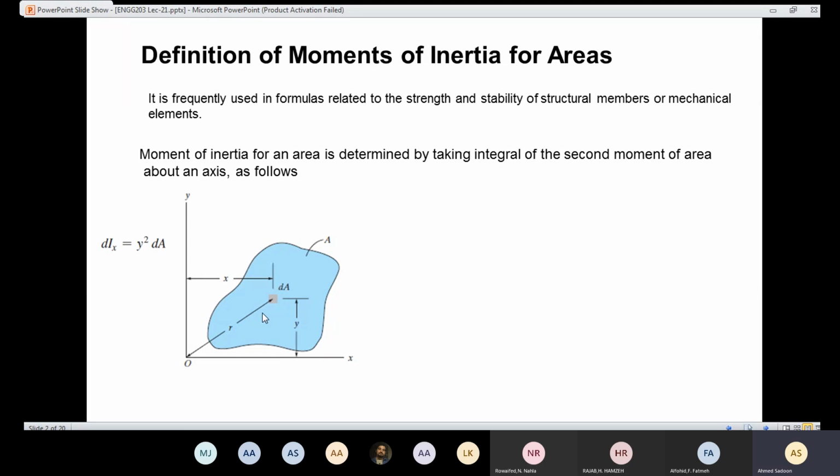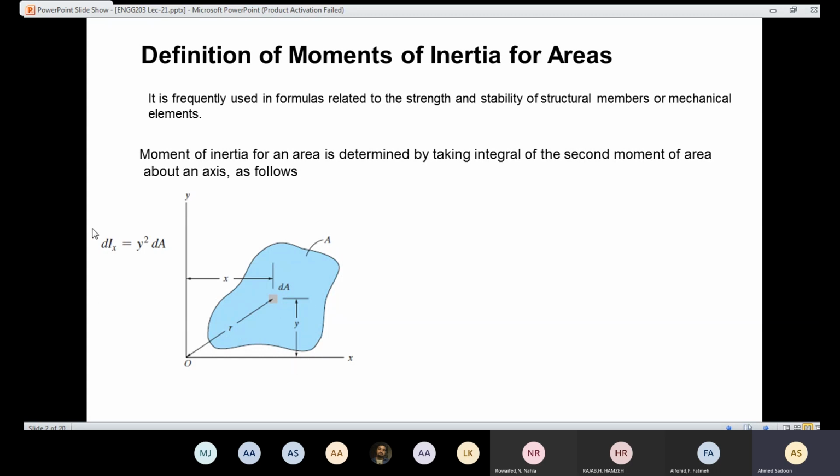So we have another name for the moment of inertia. Sometimes we call it the second moment of area, because we take the moment twice for that area. We take a differential area, get the moment about that axis the first time by multiplying by y, and then the moment the second time by multiplying by y again.